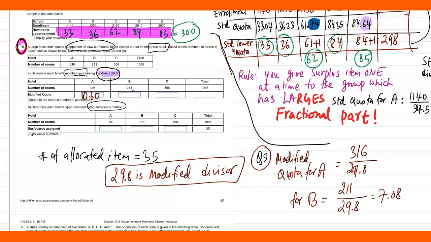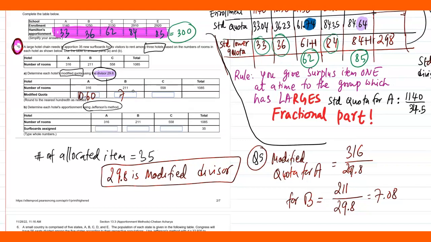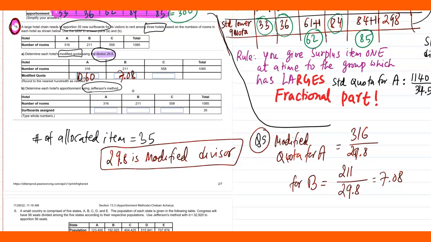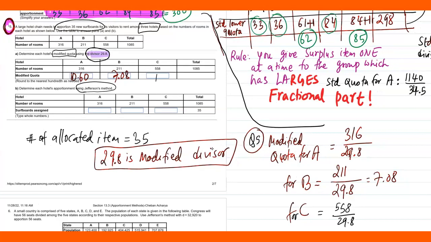Then the modified quota for C. 558 divided by 29.8. Okay, 558 divided by 29.8 is 18.72.